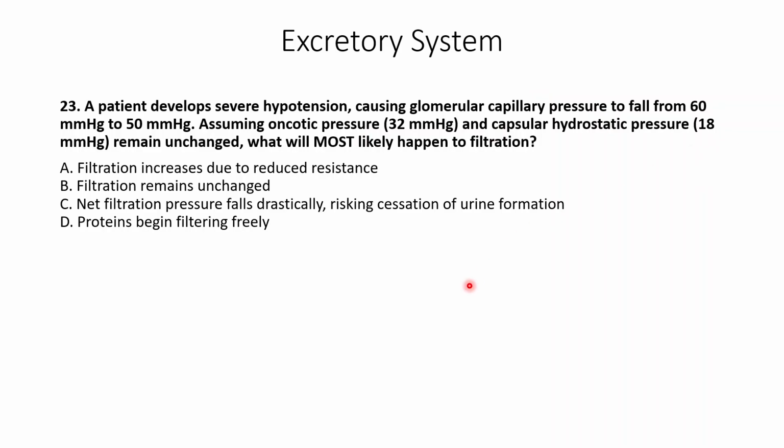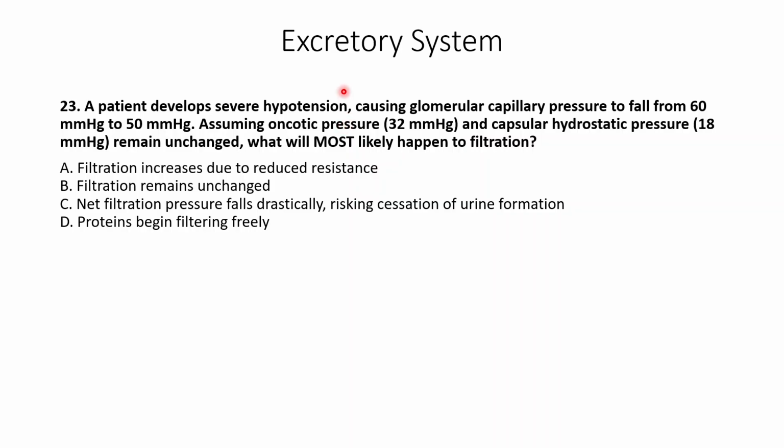So normally, how would you calculate your net filtration pressure? You would have glomerular pressure, which is say 60, your normal value. So 60 minus 32, which is your oncotic pressure, so that's 28.